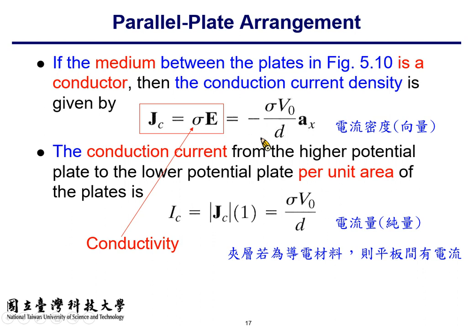So here is the per unit area conductance, and we already have the per unit area capacitance, which is epsilon over D. And as you can see here, they look kind of similar, right? They are all inversely proportional to D, but proportional to the material property sigma and epsilon.